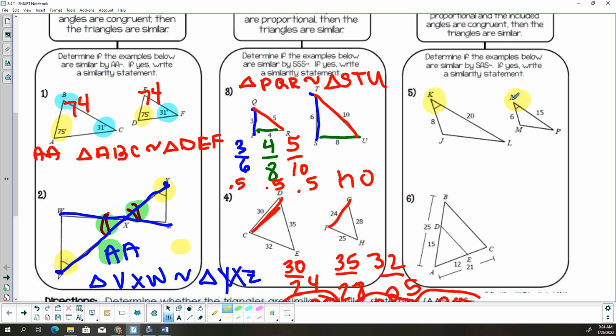So now we're checking 8 over 6 and 20 over 15 and see if they reduce to the same fraction. 8 over 6, can somebody tell me what that reduces to?